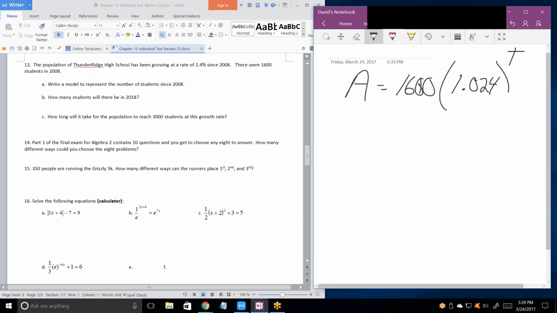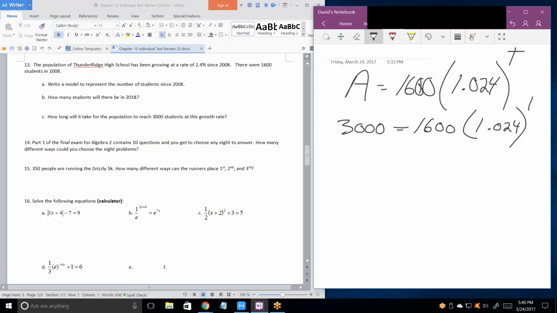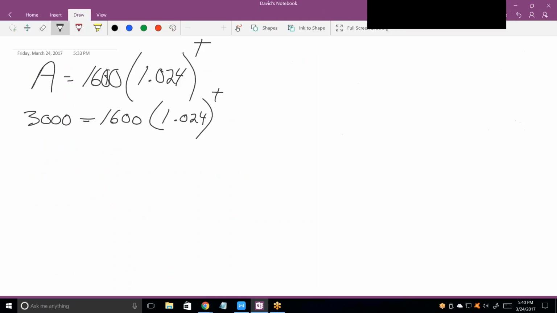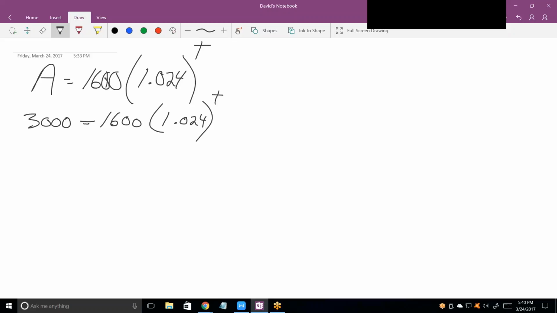I want to know how long it's going to take for the amount to be 3,000. You substitute 3,000 for A. And now again, notice we have one equation and only one variable, which means I can solve for t. What am I going to have to use to solve for it? Logarithms. Always. If your variable is in the exponent, you're going to need to use logarithms.